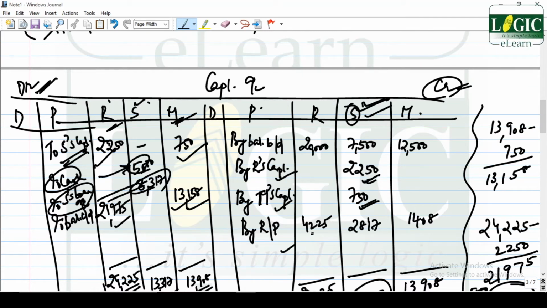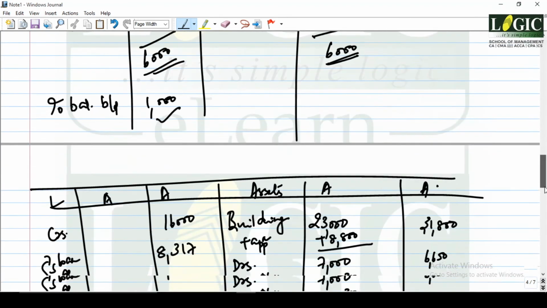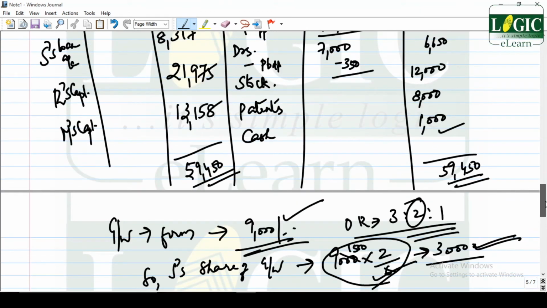You incorporated revaluation profit, you balanced the continuing people, you settled the retiring man. Now this cash payment made by you will have its repercussion or impact in your cash account. Now the balance of the cash account turns out to be 1,000. This 1,000 is an asset that you record in the balance sheet.